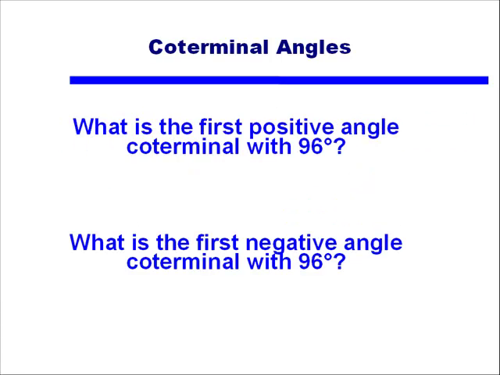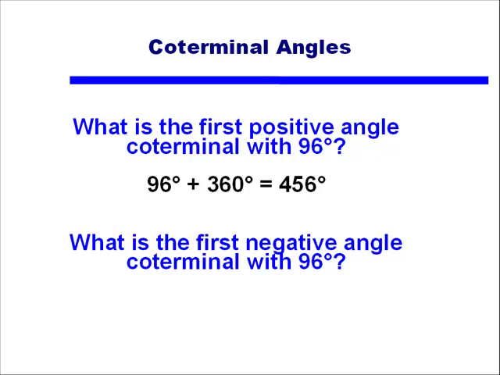One type of question you might be asked on your homework or an exam is, what is the first positive coterminal angle with a particular angle? So let's look at an example. If I say, what's the first positive angle coterminal with 96 degrees? What we're going to do is add 360 degrees to our 96 degrees and come up with our answer of 456 degrees.